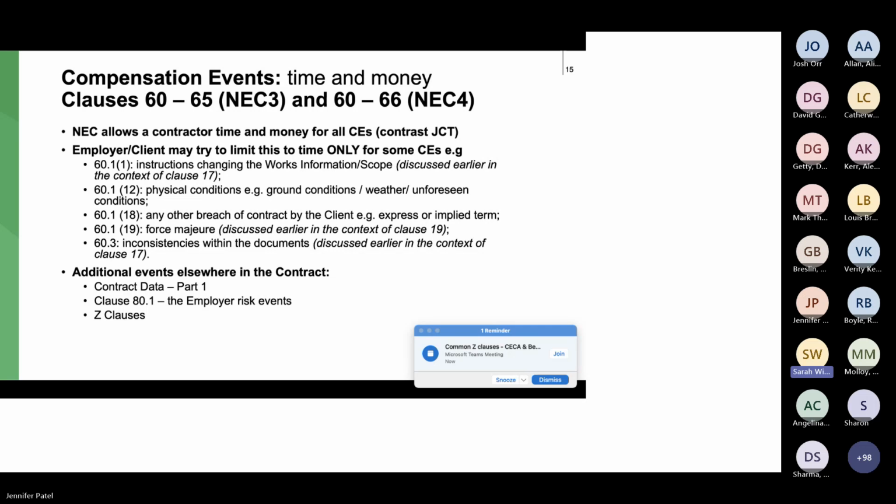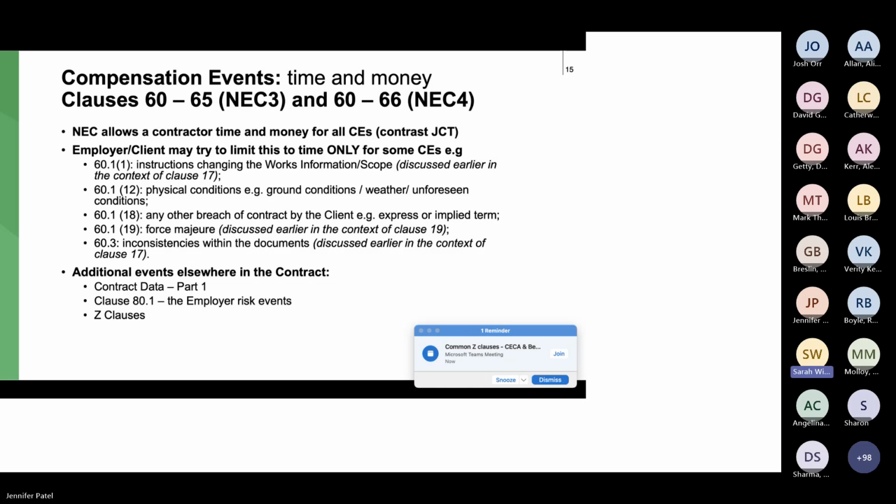I can see why clients might think that's fair because it's following JCT, but of course this isn't a JCT contract, it's NEC. It's a slightly different type of work, more engineering based, but also, if you come to other seminars, you'll know that the compensation events in NEC are quite specific.